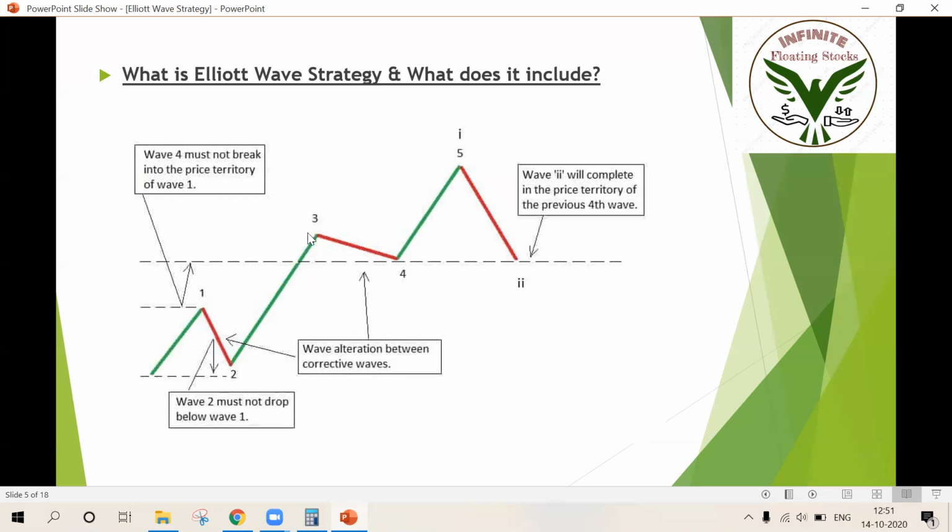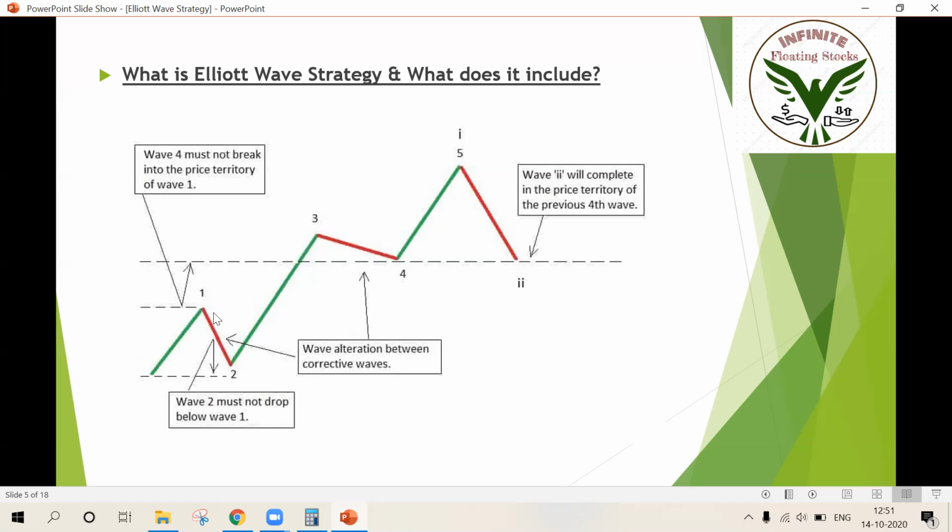And yes, wave 4: alternation between correction waves. Corrective waves, correction is nothing but a pullback. Now see, here the second wave dropped sharply. The drop is very sharp in the second wave, but when it comes to the fourth wave, it is not a very sharp fall.